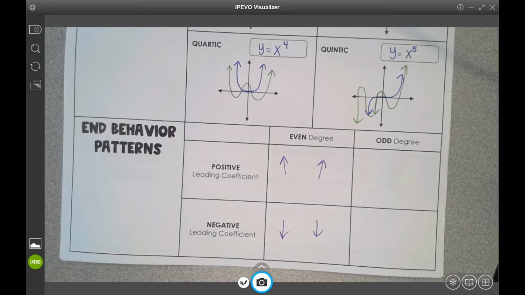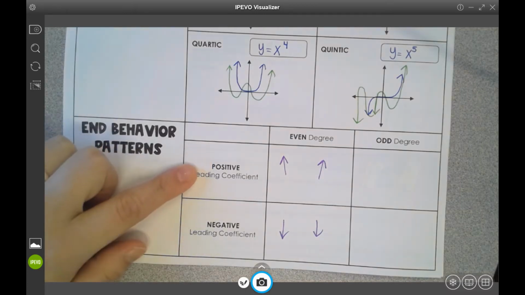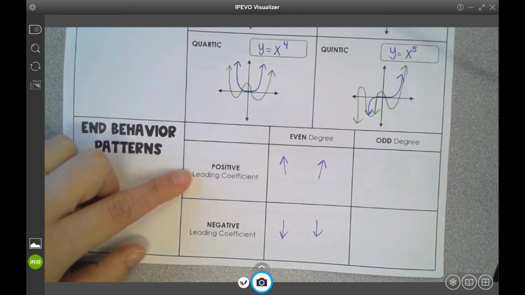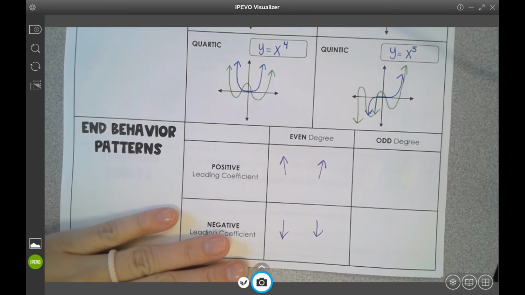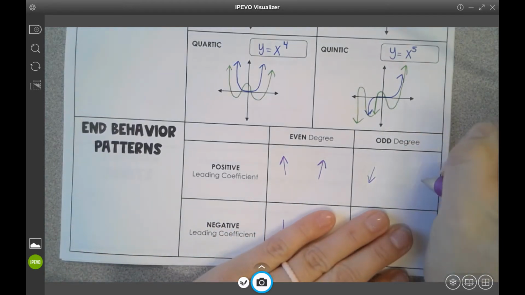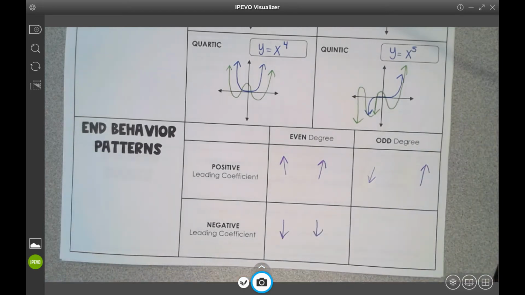All right, now look at a positive 3x to the 5th. That's positive with an odd degree. The left side points down, but the right side points up.